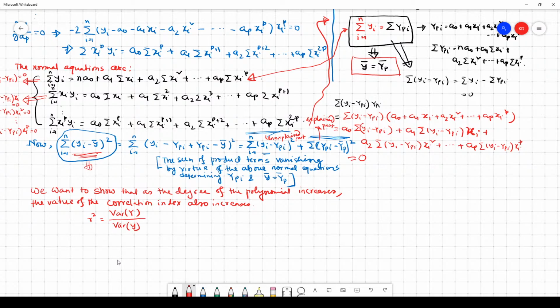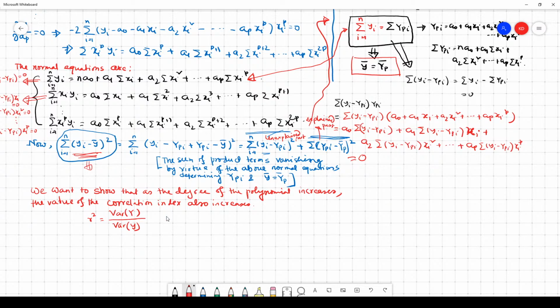Instead of capital Y, this holds for linear regression, that means capital Y equal to a plus bx.